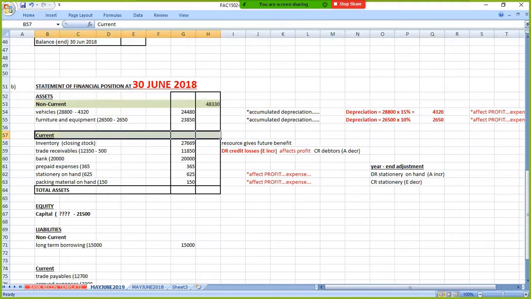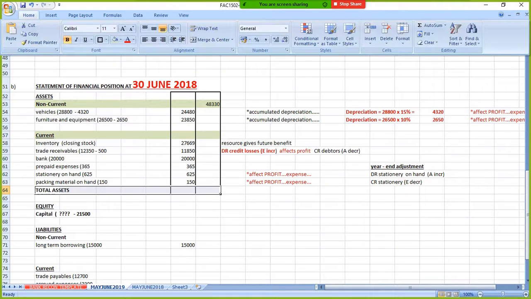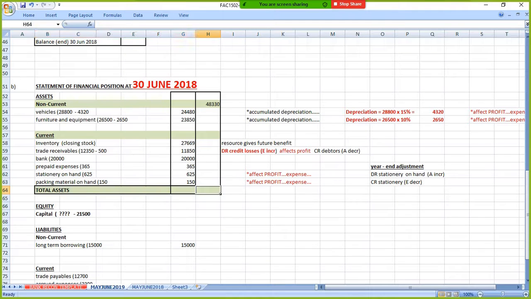So can I work out my current? Yes. Can I work out my total? Afterwards. Sum up those amounts. Total. Non-current plus current gives me total. Right. There's my total assets.